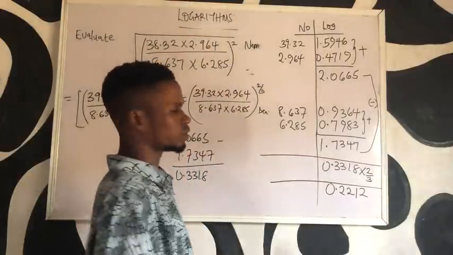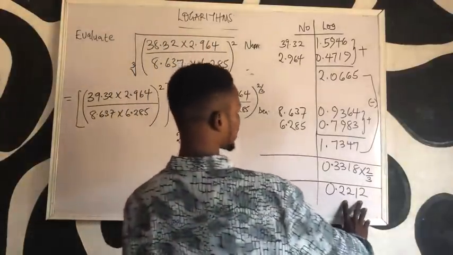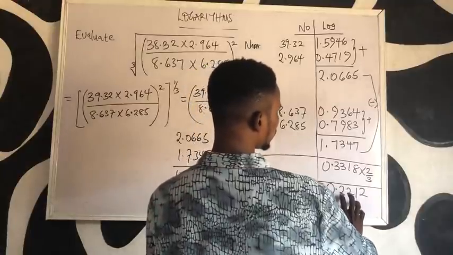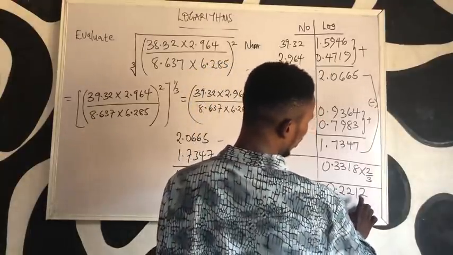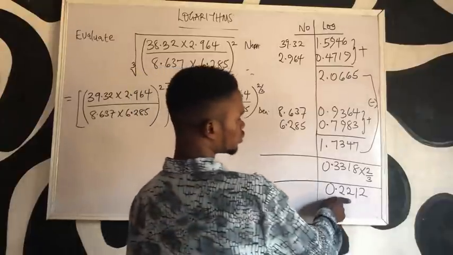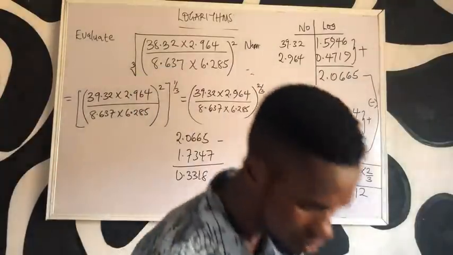Look for the antilog of the number. But the fractional part, 0.22 under 1 difference 2.